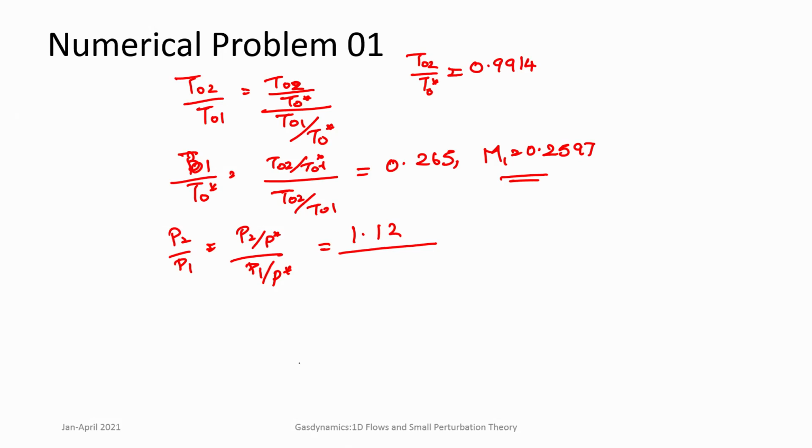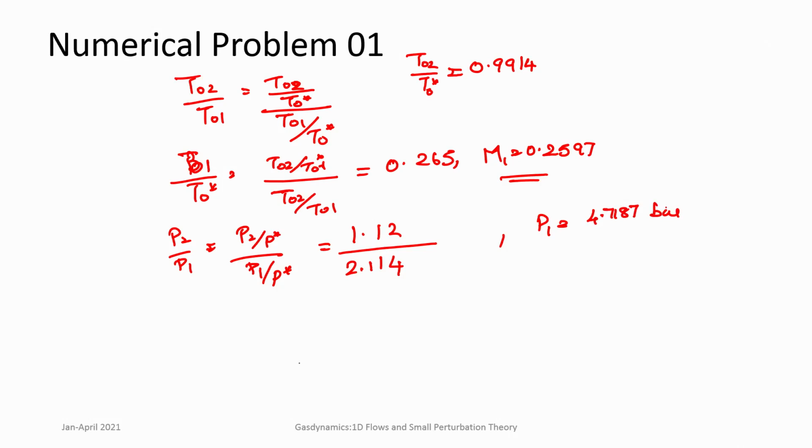For that you need to find P by P star, which is 2.1144, and therefore from here you can get P1, which is 4.7187 bar.